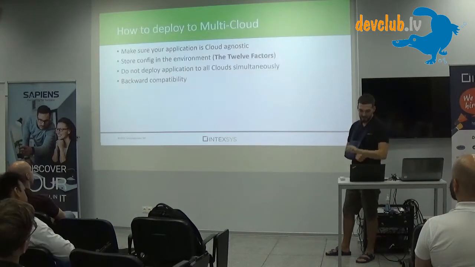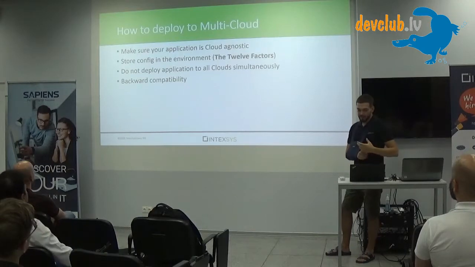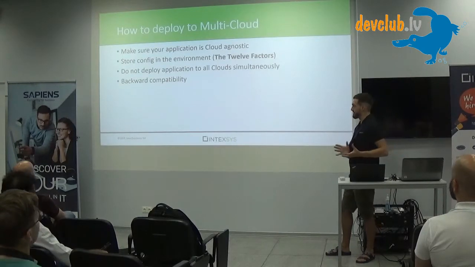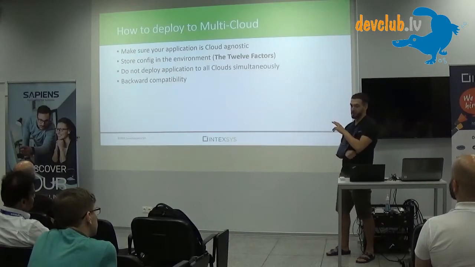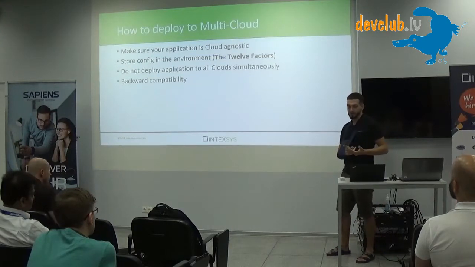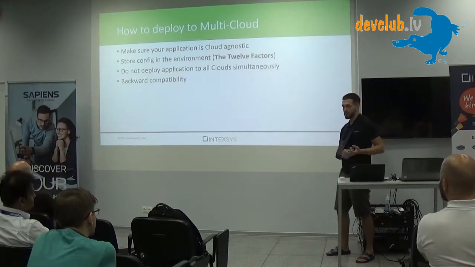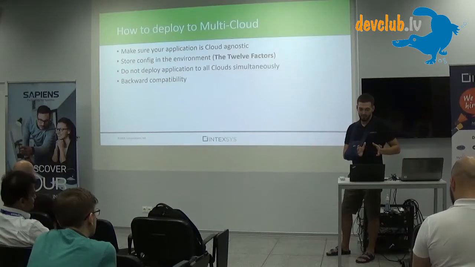Now, how to deploy to multi-cloud? Well, here, nothing actually changes from the usual deployment, but you need to make sure that your application is cloud agnostic. So in our case, we are deploying to AWS and to Azure, but we can deploy to Google Cloud easily because we do not use cloud-specific functionality, and we don't need to maintain that.